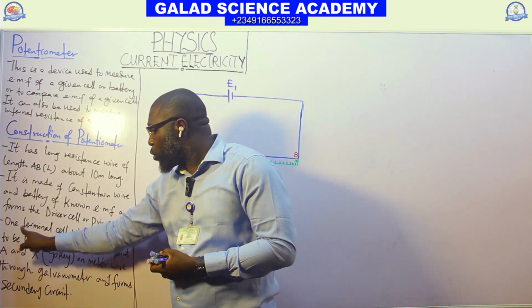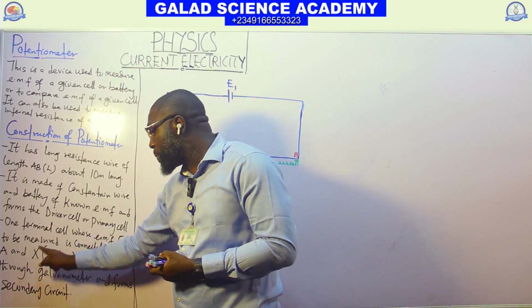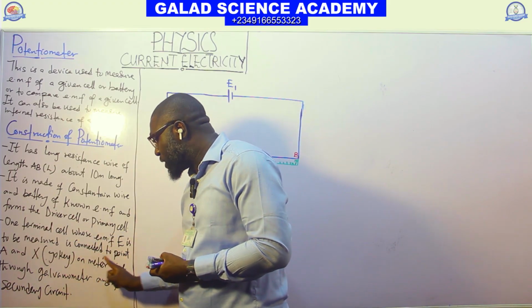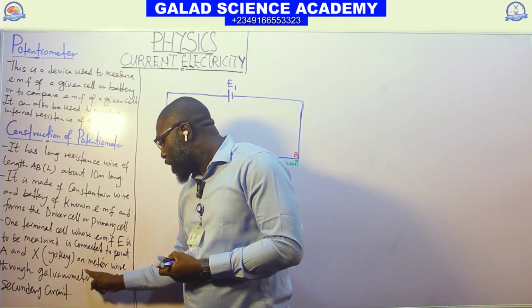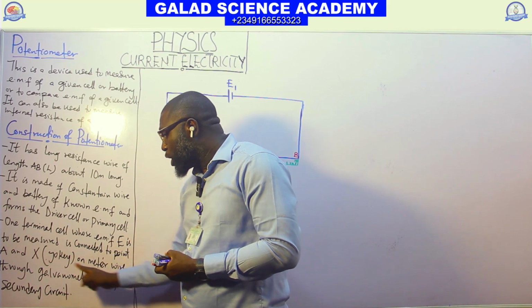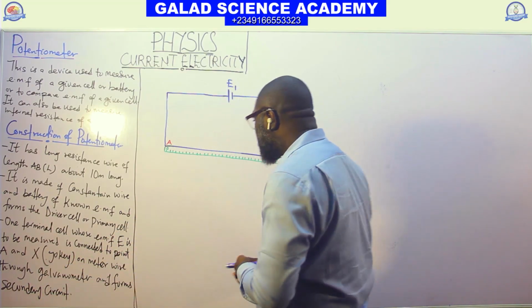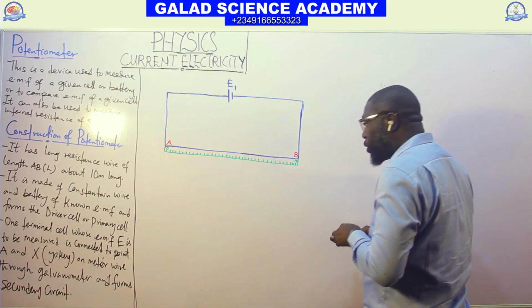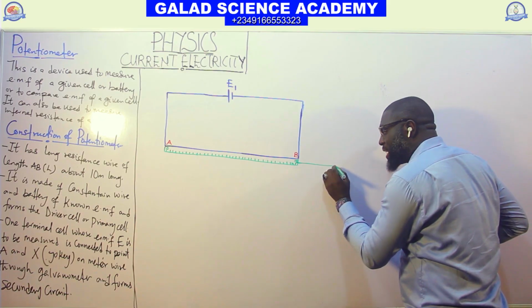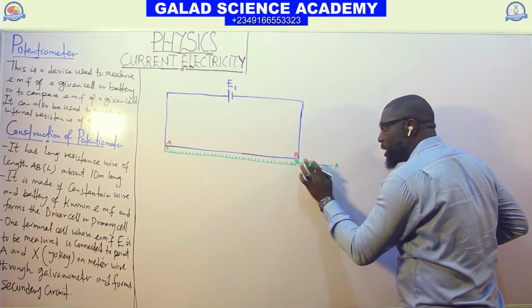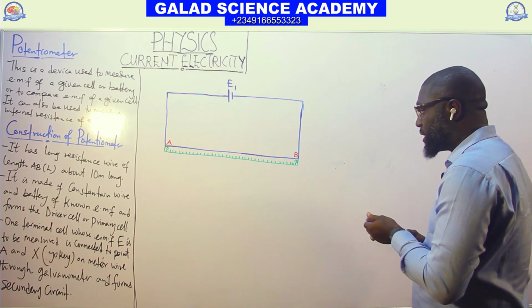And I now say one terminal of the cell whose EMF is to be measured is connected to point A and the jockey on the meter wire through a galvanometer, forming a secondary cell. Don't forget to let me label this. This green represents the meter rule.